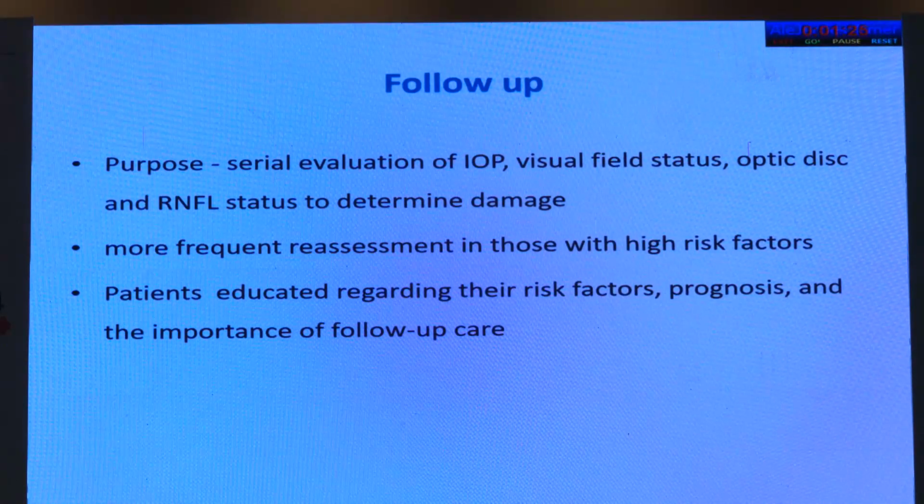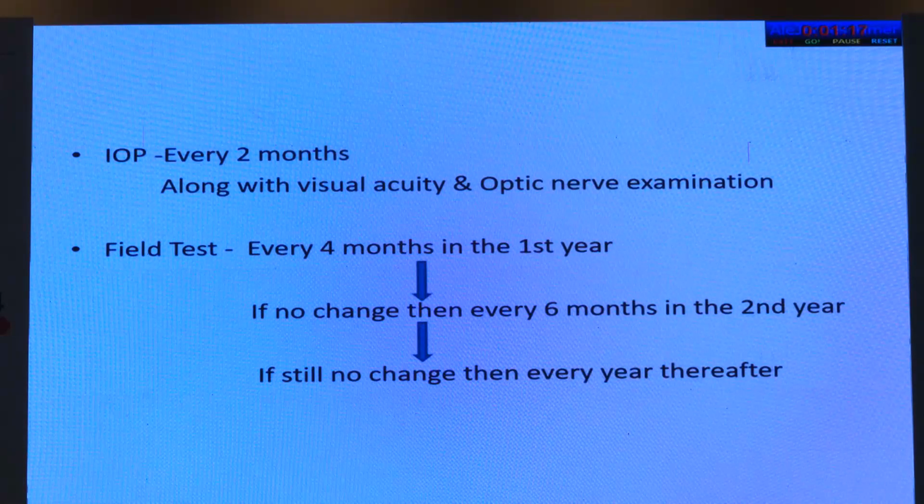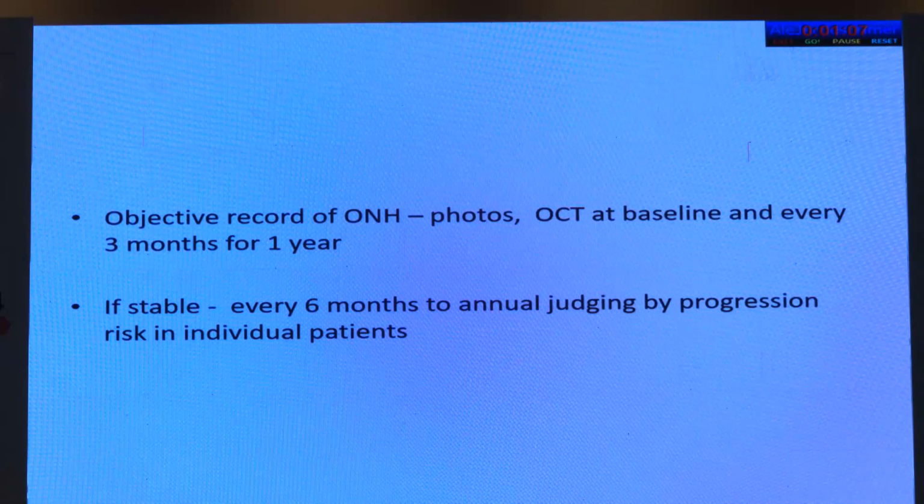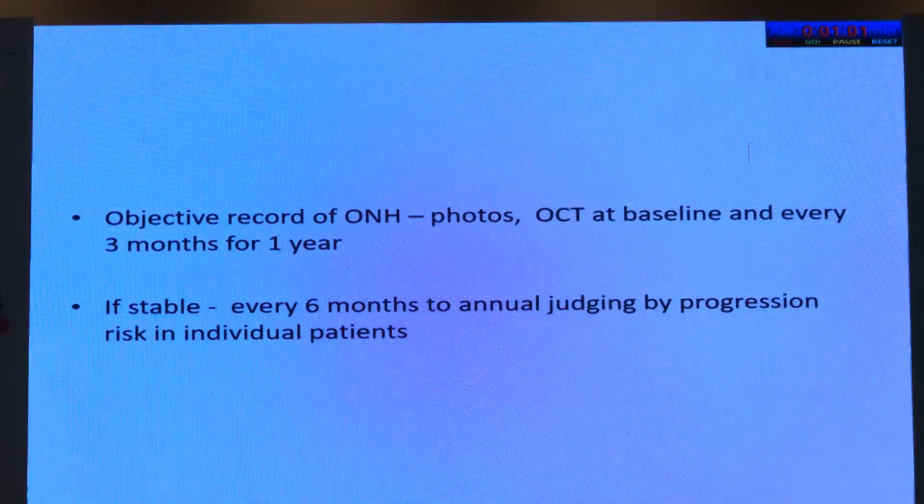But the patient should be followed properly, serial evaluation should be done, and patients should be educated regarding the risk factors, prognosis, and importance of the follow-up. IOP should be checked every 2 months, field test every 4 months, and if there is no change, then every 6 months, and if still there is no change, you can go for a yearly field test. ONH documentation is also important, and if stable, then every 6 months to annual, you can look for progression.